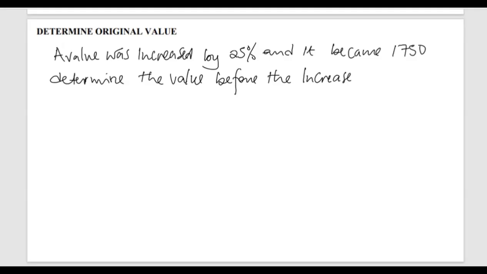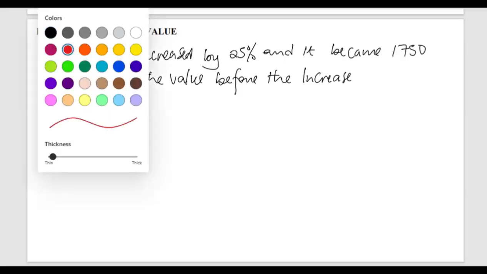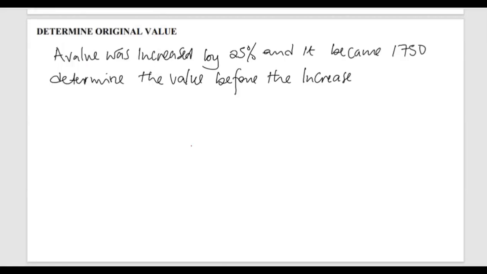So to determine the value before the increase, you know there's a certain value that was increased by 25. So how did they do it? They took 100 plus 25 over 100, and they got their answer.